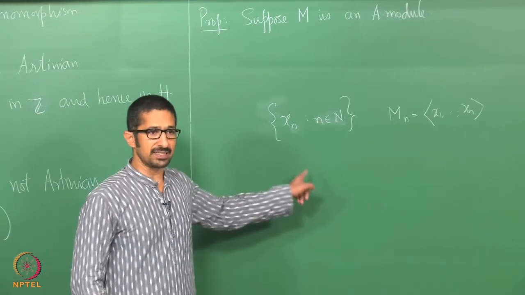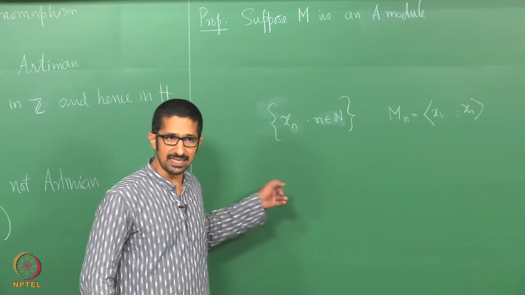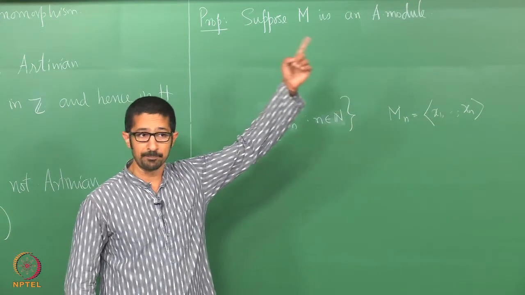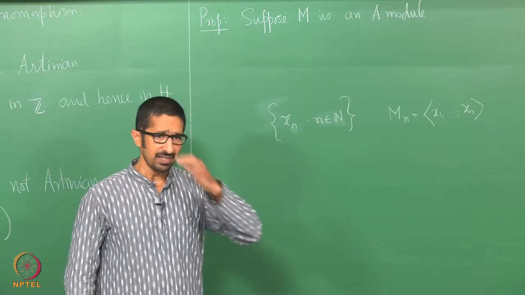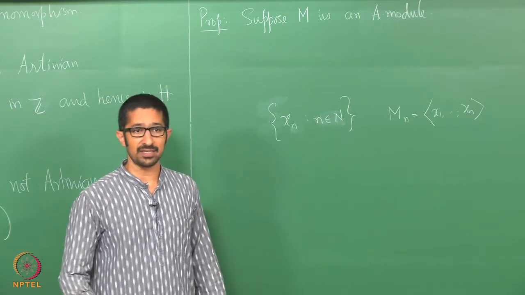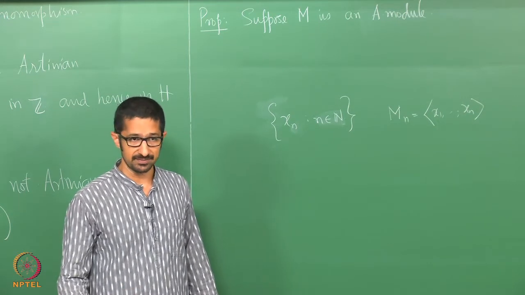Then M1 is contained in M2, contained in M3, contained in M4, and that is a strictly increasing chain that never terminates, which means if your module is not finitely generated, it cannot be Noetherian.